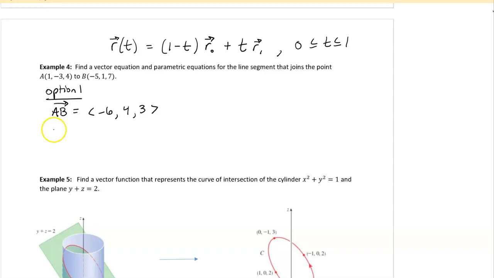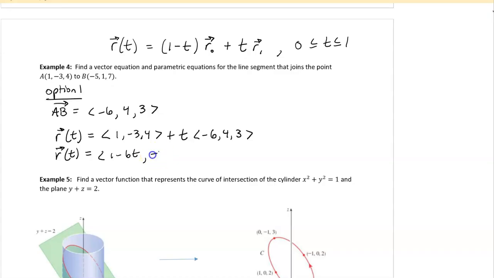We take our initial point for our vector function r, which is 1, -3, 4, take that vector that points at that point and add it to our vector multiplied by t in the direction we need to go, -6, 4, 3, giving us our vector function: 1 minus 6t in the first component, -3 plus 4t in the second component, 4 plus 3t in the third component. Or we could rewrite it as x equals 1 minus 6t, y equals -3 plus 4t, and z equals 4 plus 3t.